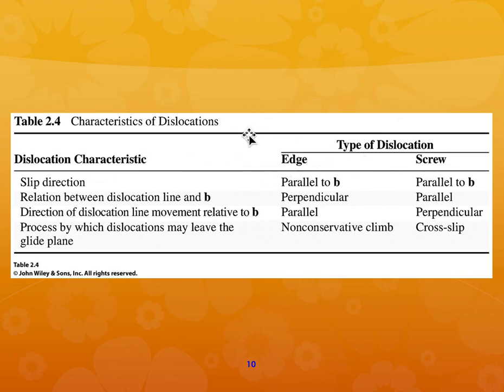If you have edge dislocations, the slip direction is parallel to the Burgers vector. In the case of screw dislocation, it is also parallel to the Burgers vector, but the dislocation line and the Burgers vector are perpendicular and parallel, so they are opposite to each other.